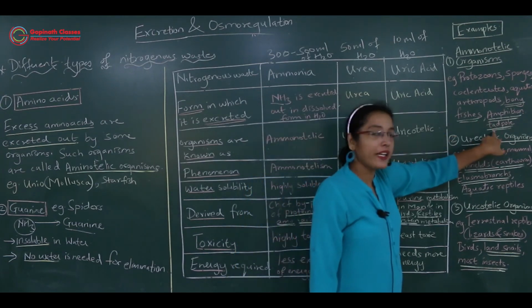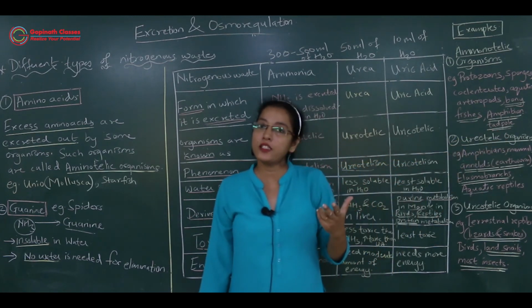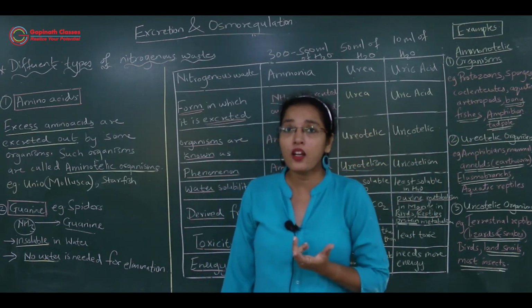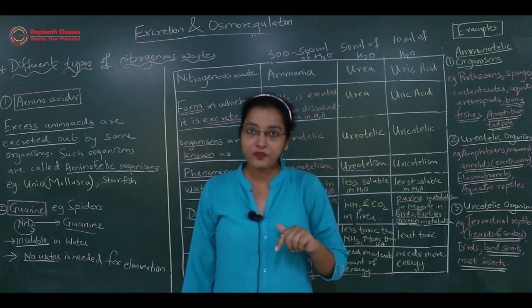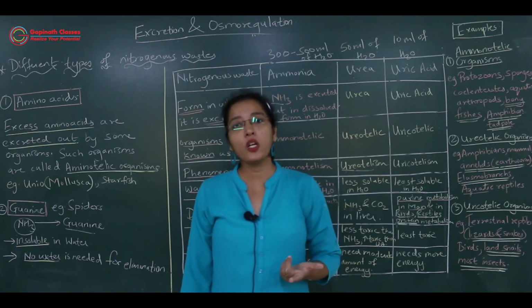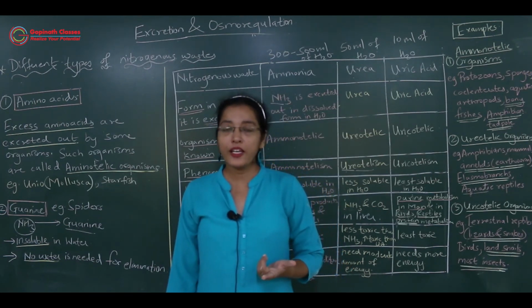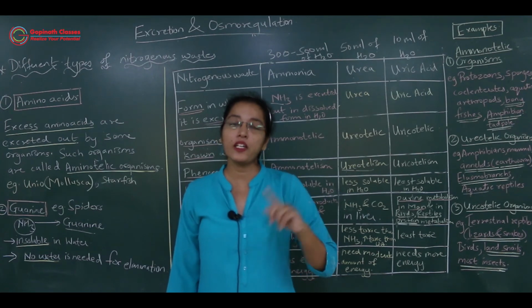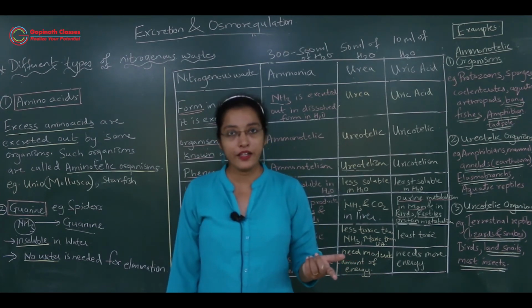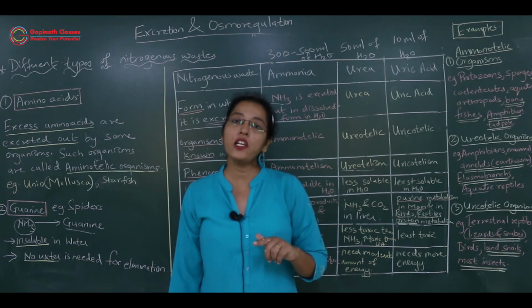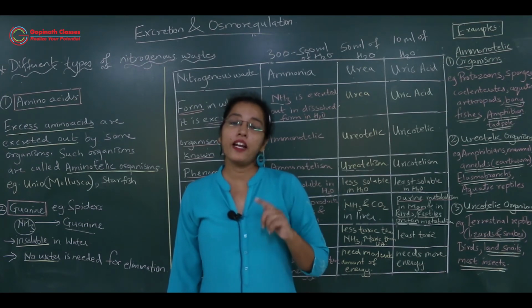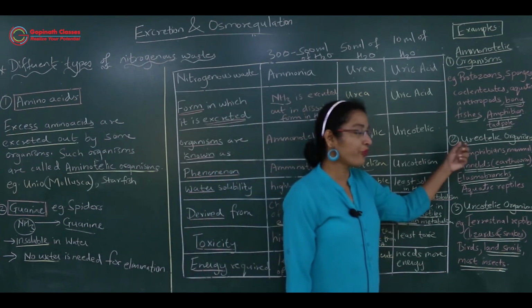Amphibian tadpole क्यों आएगा यहाँ पे? Because tadpole is the stage wherein it is seen in water. Tadpole later on develops into frog. Okay, and this frog lives in water as well as over the land. So frog will eliminate nitrogenous waste in the form of urea.